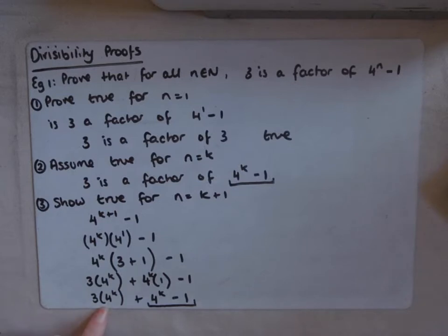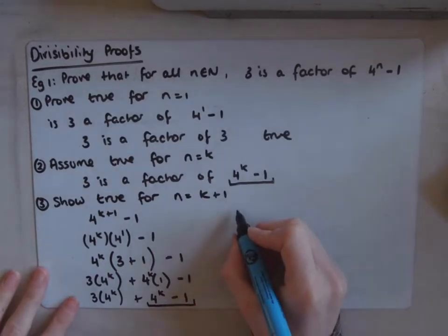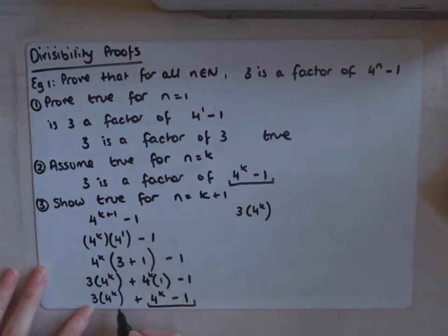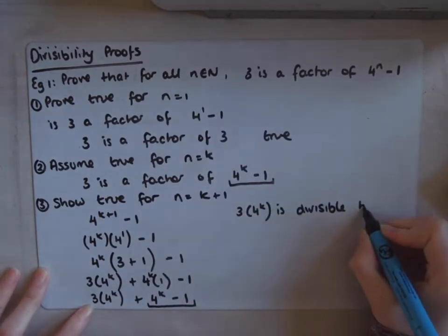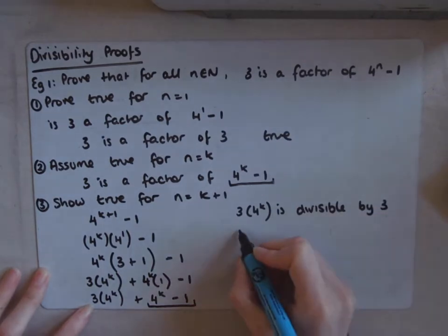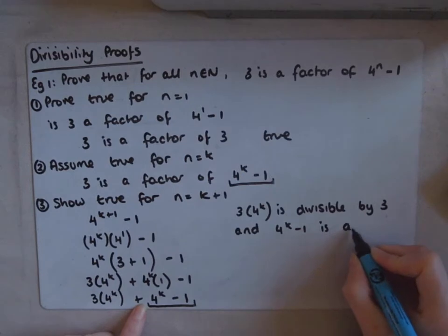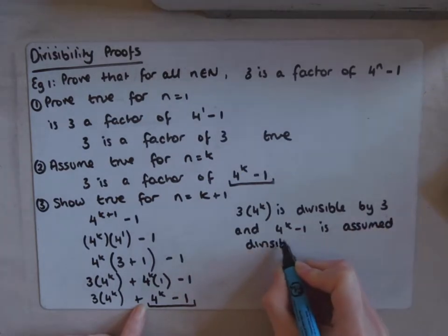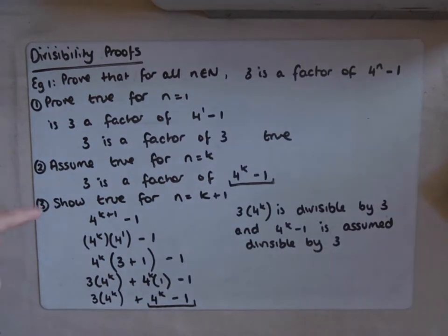So all you have to say here is this part is divisible by 3, and this part is assumed divisible by 3. We assumed that up there.